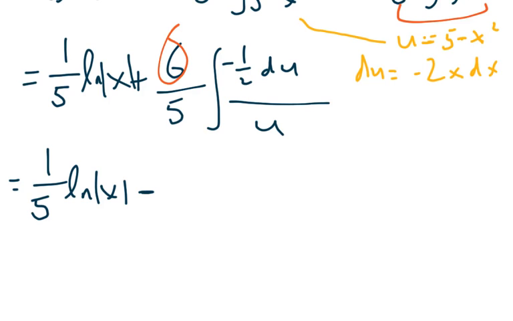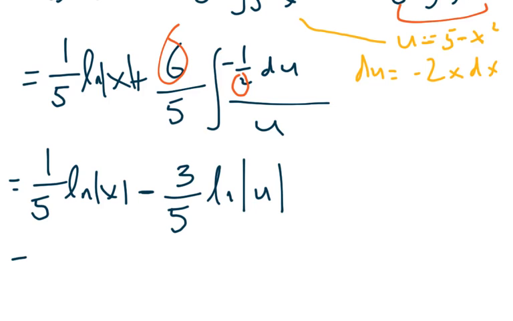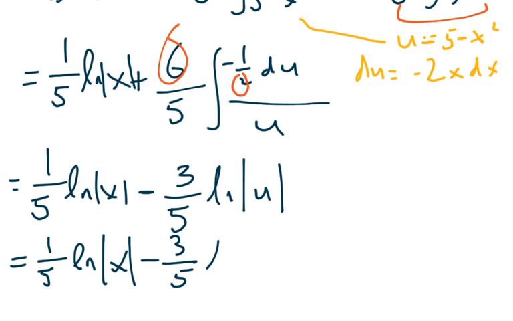So this gives me a minus 3 over 5 times the integral of 1 over u du, which I know is ln absolute value of u. So this is 1/5 ln absolute value of x minus 3/5 ln absolute value of 5 minus x squared.